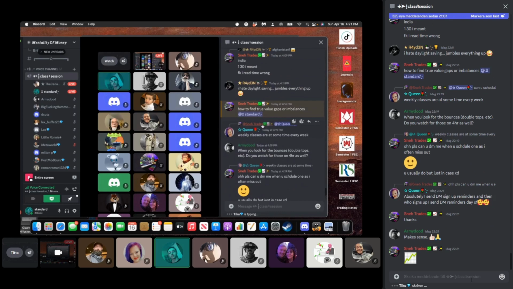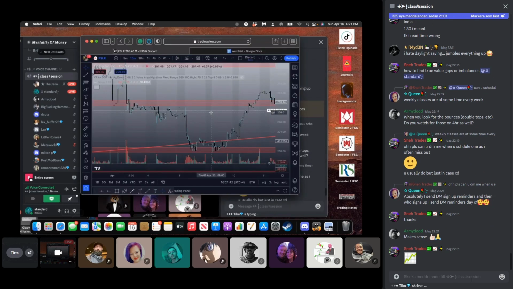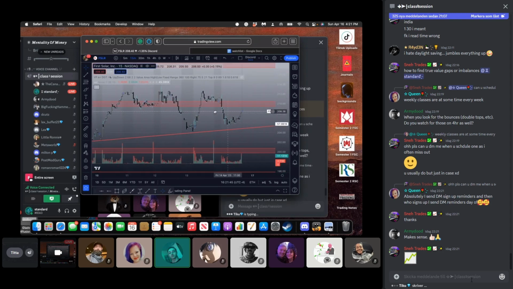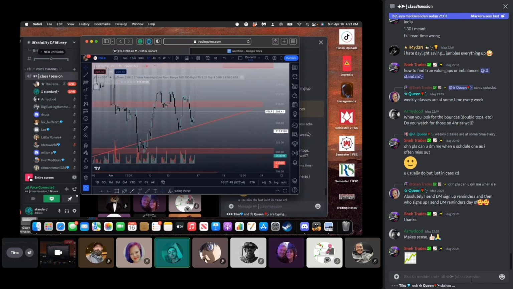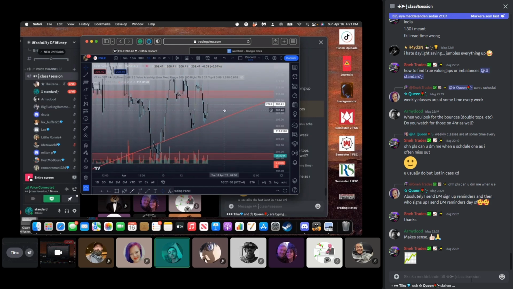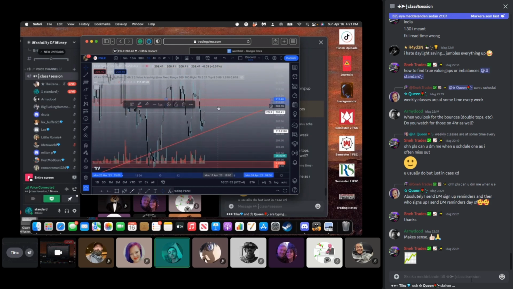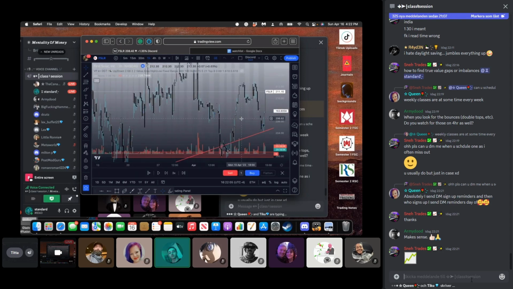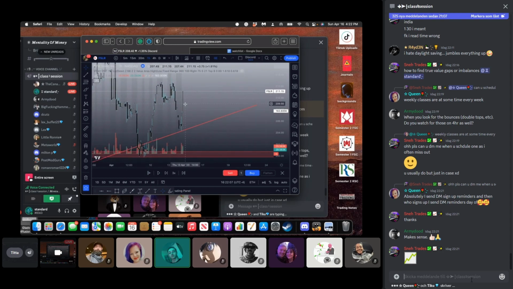How to find true value gaps or imbalances? That is really super easy, you're gonna be mind blown. So we have here this huge area that blew up out of nowhere.